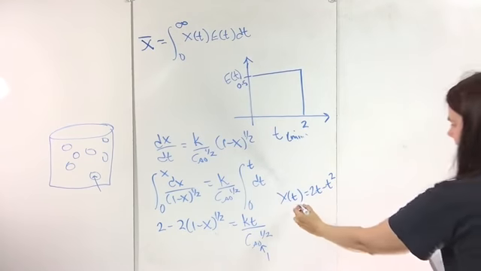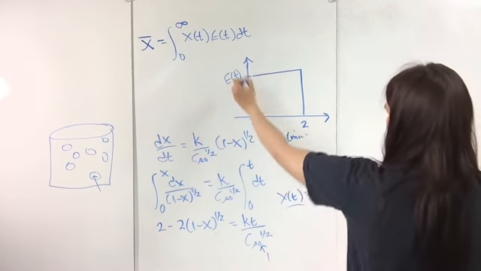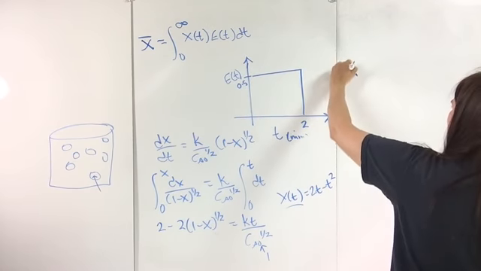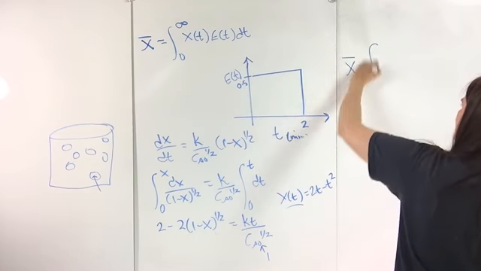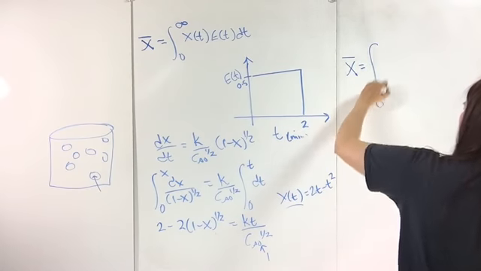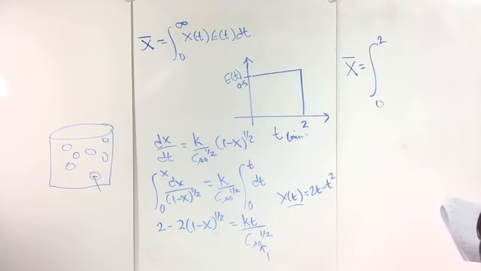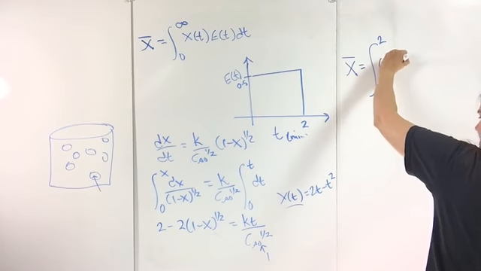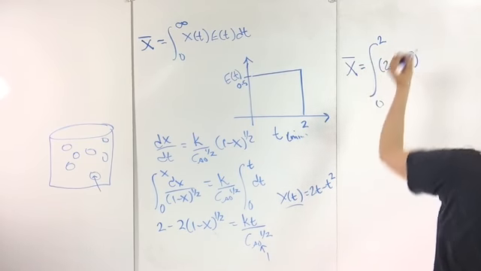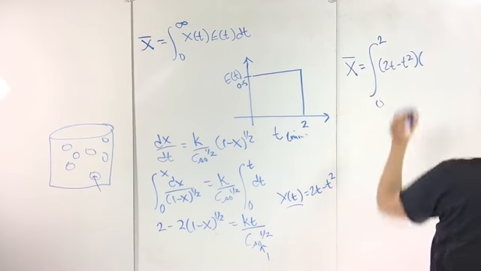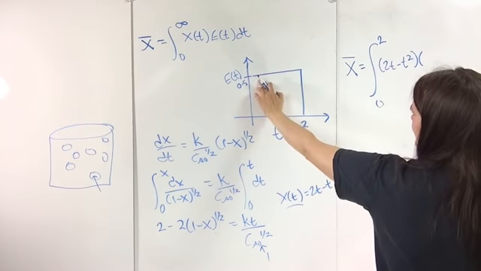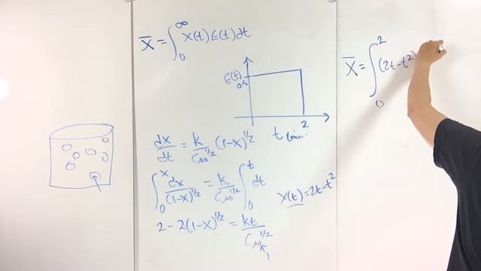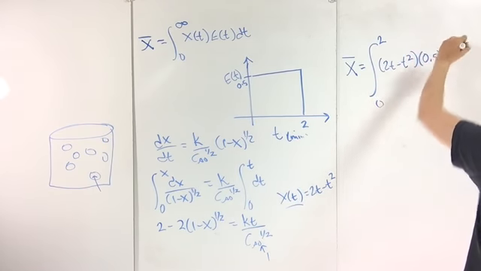So now I know what x of t is. I know E of t because it was given. So if I plug everything back into that equation, I have x is equal to, and then this is from 0 to 2, 2t minus t squared, and then this is just equal to 0.5, from 0 to 2, 0.5 dt.